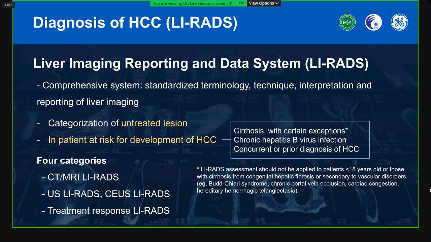Ultrasound LI-RADS is used for the surveillance of at-risk patients. Contrast-enhanced ultrasound LI-RADS is used for the diagnosis of HCC. CT/MRI LI-RADS is used for the diagnosis and staging of HCC. Treatment response LI-RADS is used following local regional treatment. Today, I will focus on CT/MRI LI-RADS.